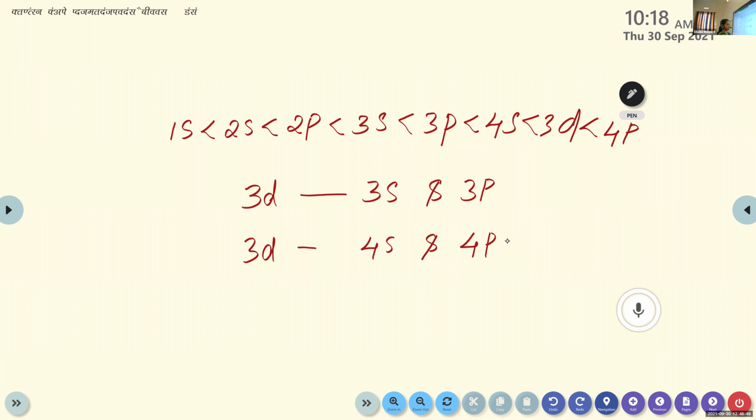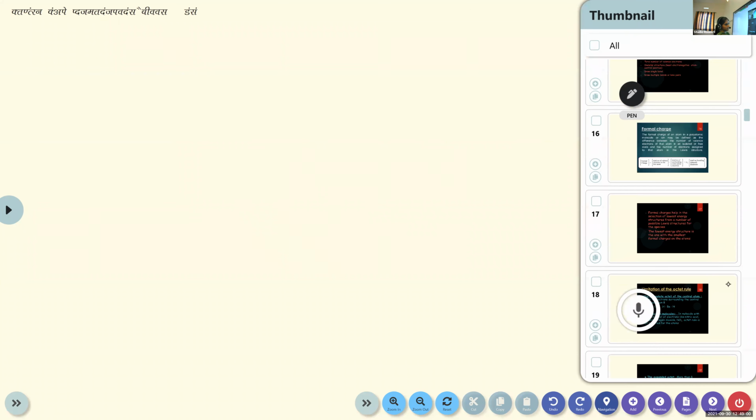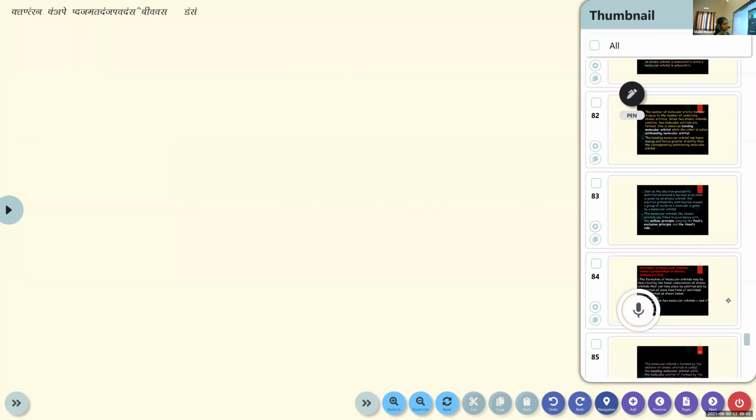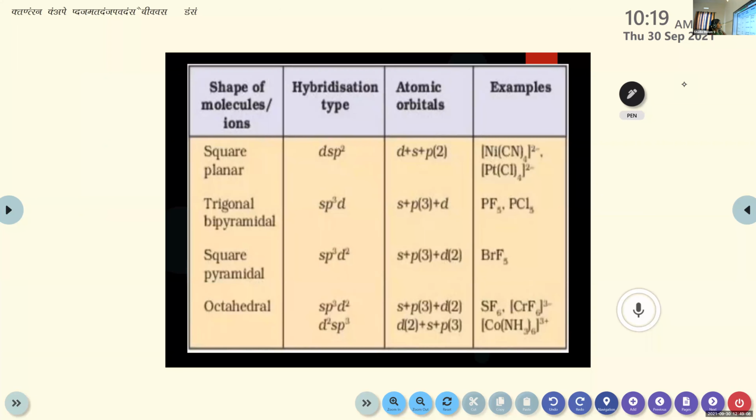So we are moving to the different types of hybridization by the combination of s, p, and d orbitals. In this table, you can see the shape of the molecule or ion, that is square planar, and its hybridization type is dsp2: one d orbital, one s orbital, and two p orbitals.